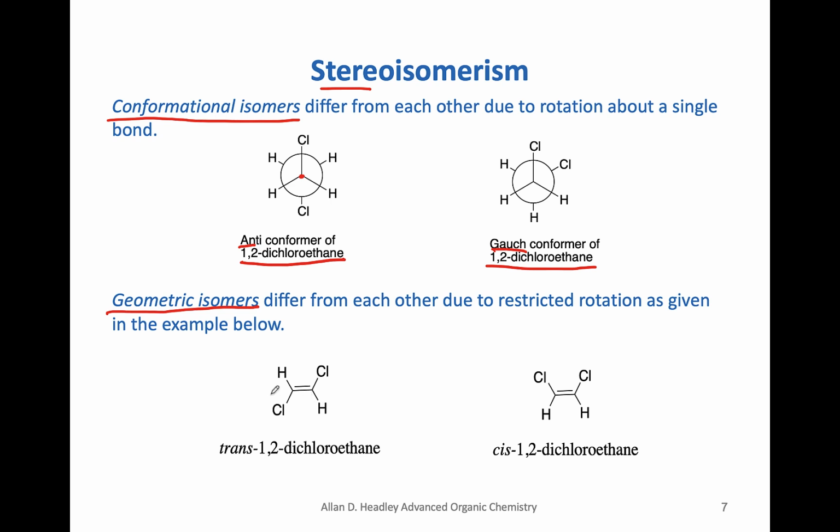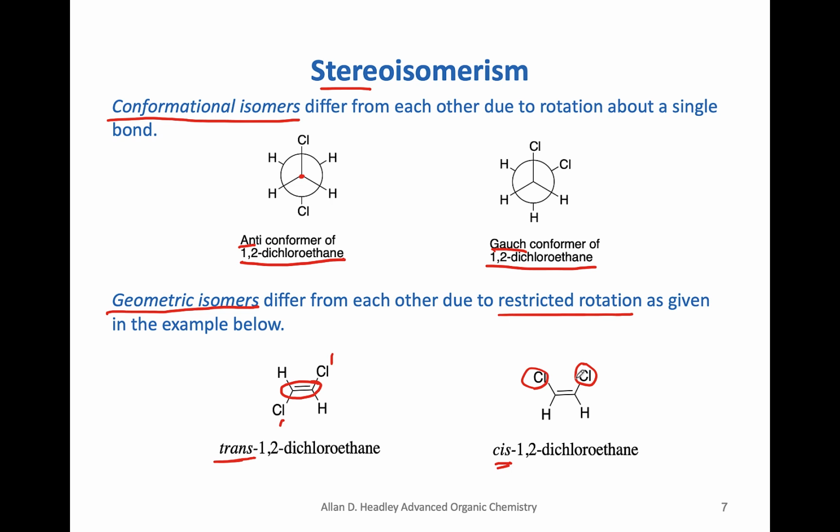However, this is called a geometric isomer because we have a rigid system here, a double bond, which has restricted rotation, or in other words, not even restricted, no rotation. So that's why we have the trans isomer and the cis isomer. This trans, of course, is across from the plane, chlorines, and the cis means that these two groups are on the same side of the plane.